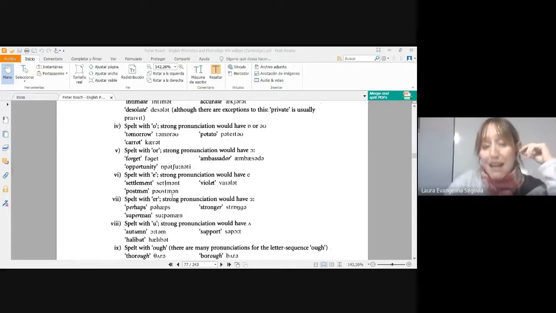It's not postmen in this case, it's singular, postman, because post is the strongest. So this one needs to be weak. That's why we have a schwa. Postman, not postman. Spelling with ER, and this is very common in professions.